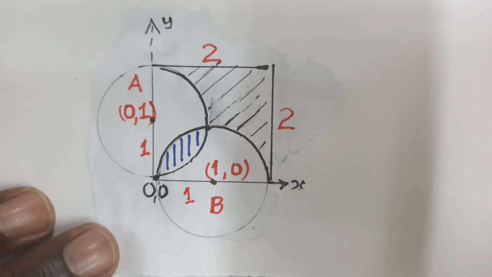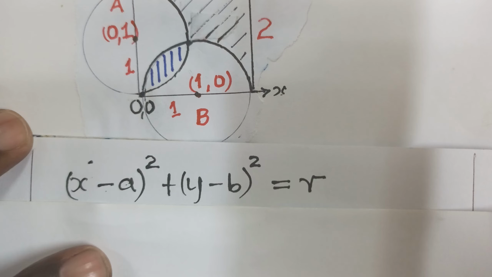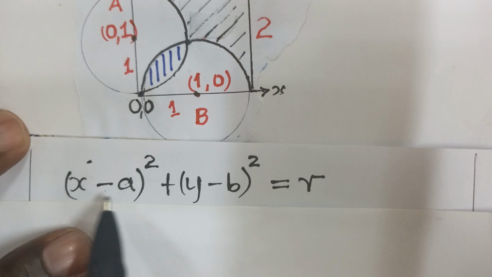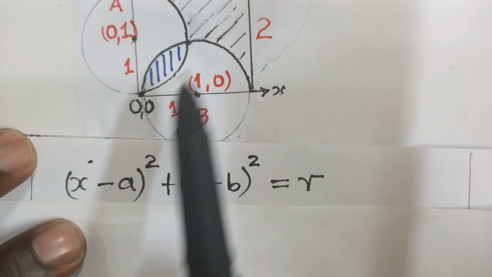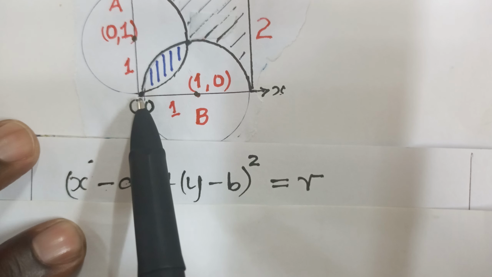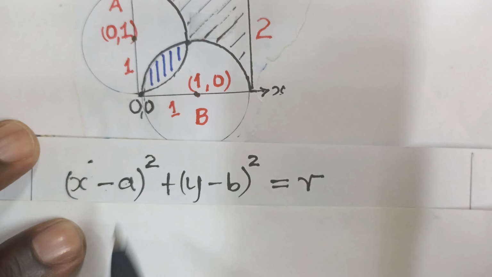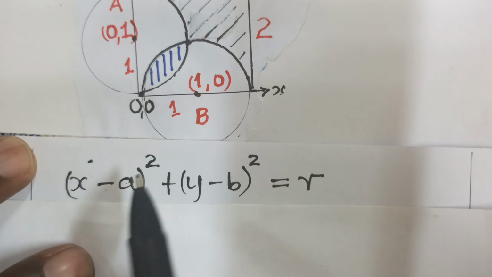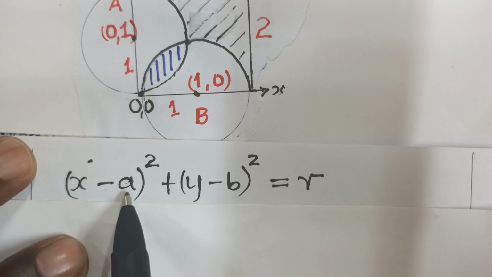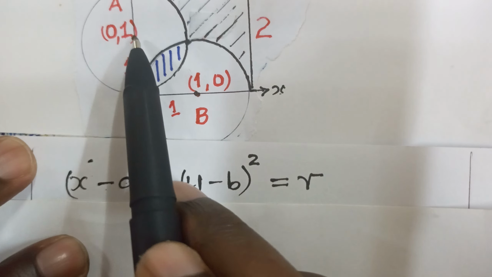So, guys, the first thing I have done is to establish the equation of those two circles. So, this is now the equation of a circle that has its center away from the origin of the x and the y axis. And we use this equation to find the equation of that circle. So guys, for A, this represents the distance from the origin to the center of the circle.